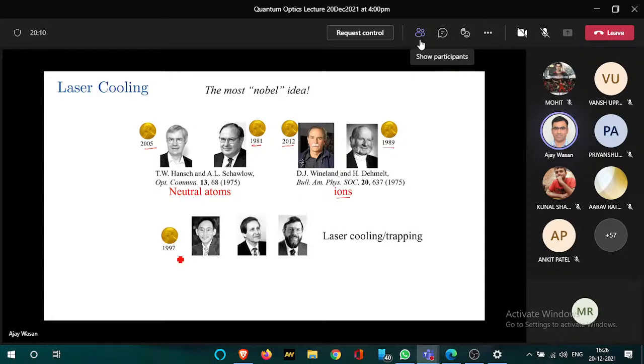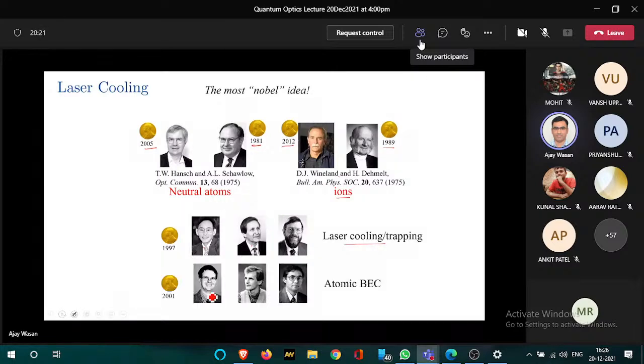And in 1997, for laser cooling, Steven Chu, Cohen-Tannoudji, and I'm just forgetting his name. And this is Eric Cornell, Ketterle, Wieman, all in 2001, when atomic BEC was made. So the work started in 1924. Cooling happened in 1997, though cooling happened a little before, but the Nobel Prize was given here.